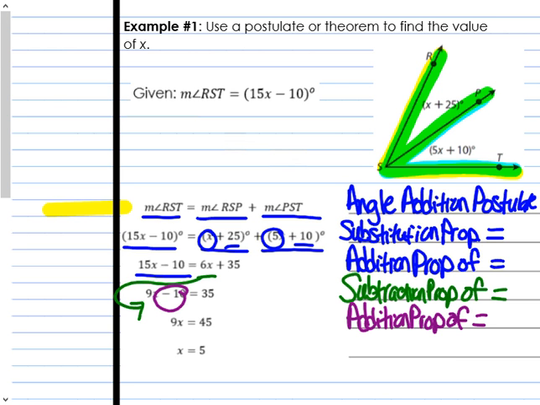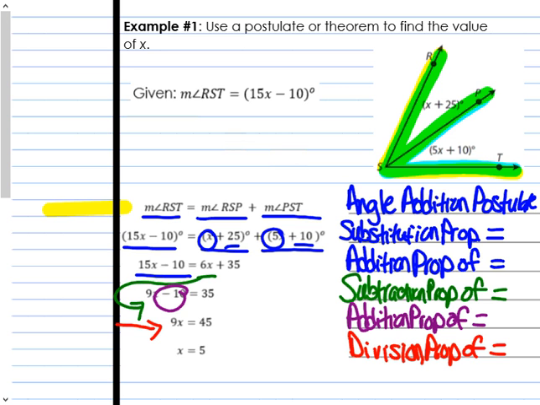So now they're right here at 9x equals 45, and we want to get x by itself. What are they going to have to do to get x by itself? Well, they have to divide both sides by 9. So now we have the division property of equality. So each step, you're basically saying why this is so, why it's allowed to happen.